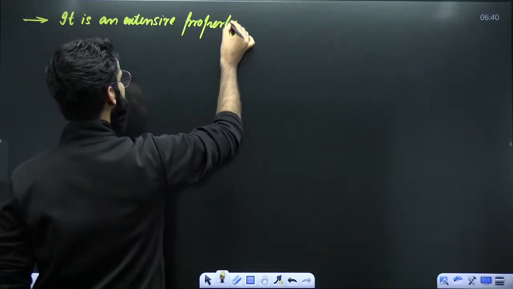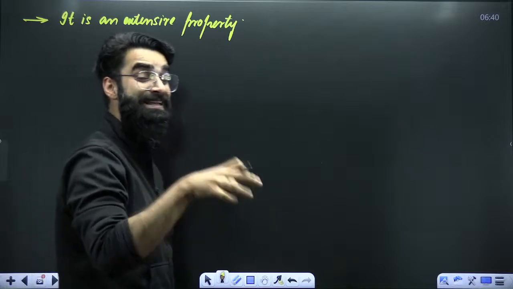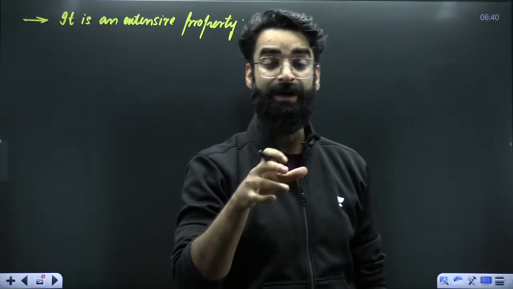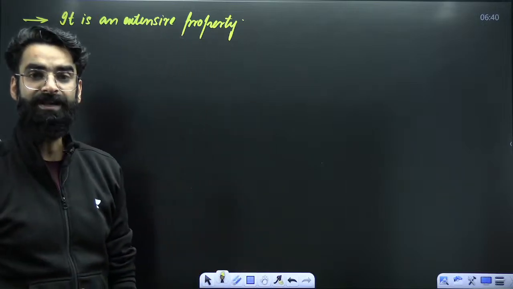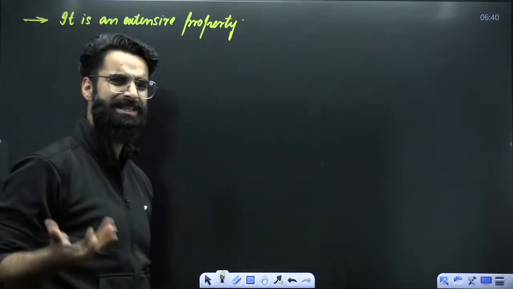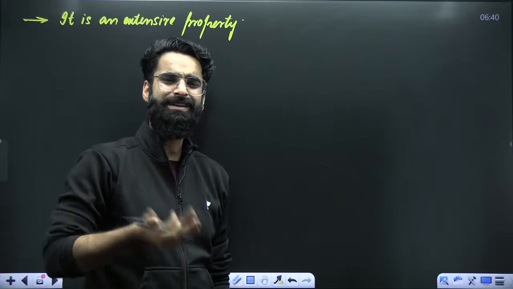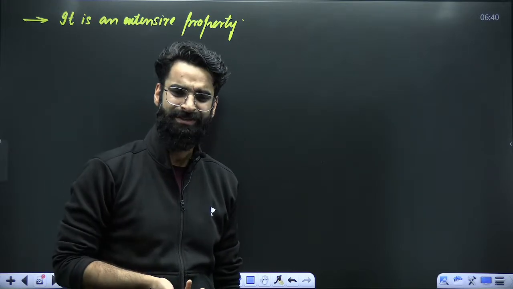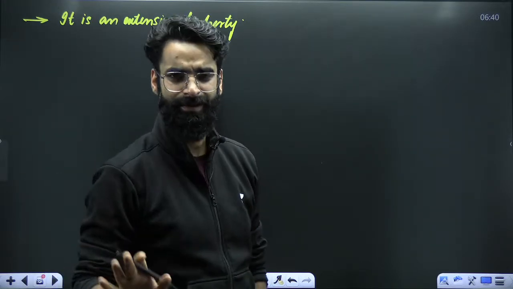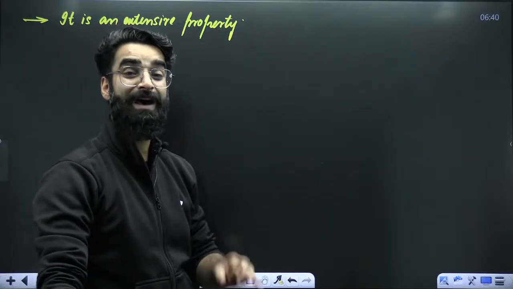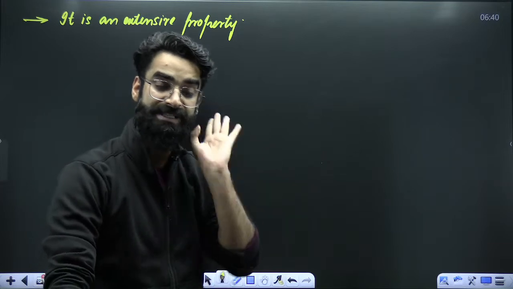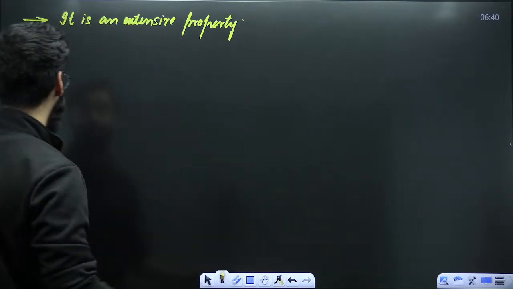That means when you change the amount of substance present in the system, the entropy of the system changes. Disorderness will change, randomness will change, it will increase or decrease. So entropy is that property whose value changes on changing the amount of substance present in the system. So it has to be an extensive property.